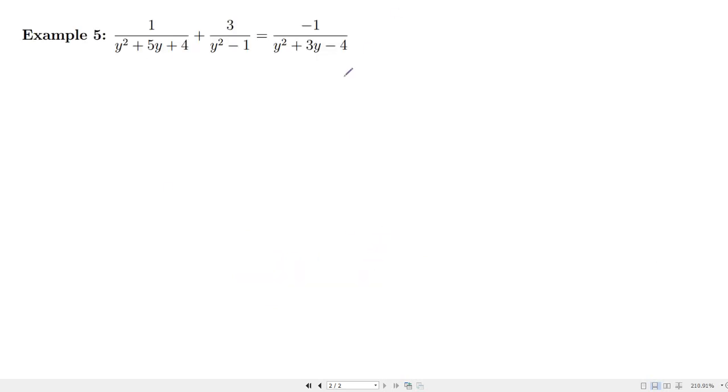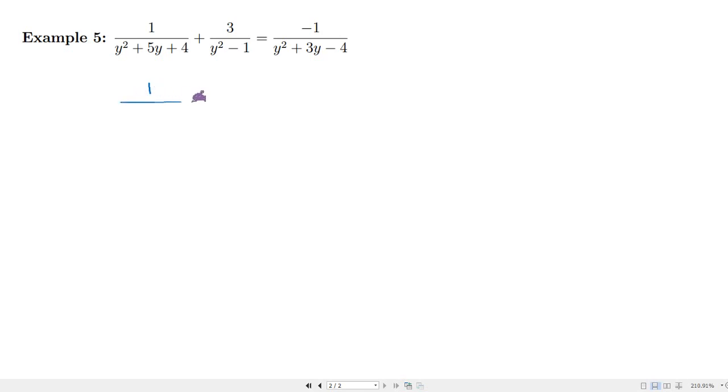All right, so now let's look at our last example here. Factor, so we can find the least common denominator. So we'll have y. We want the product to be 4, sum to be 5, so that's pretty simple. Plus 4, y plus 1. Plus 3 over y squared minus 1 squared, so y plus 1, y minus 1.